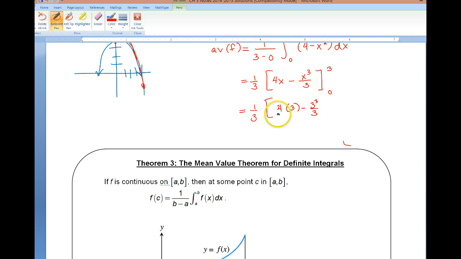What about the zero? If you were to show the work, it just ends up being 0.